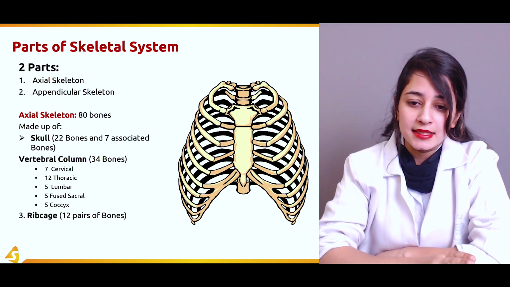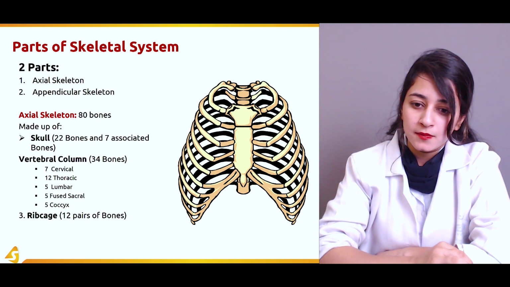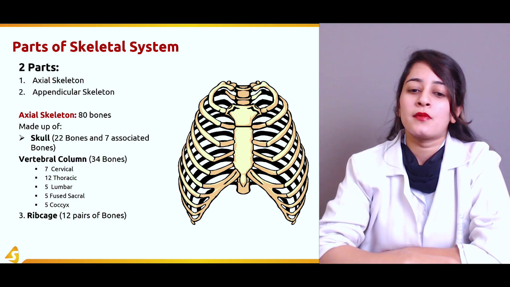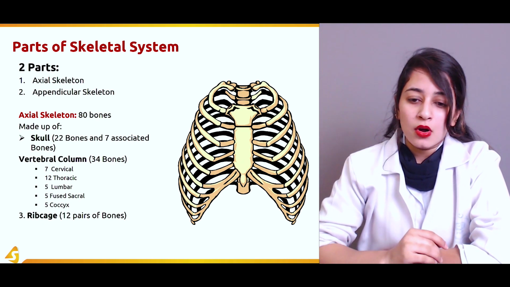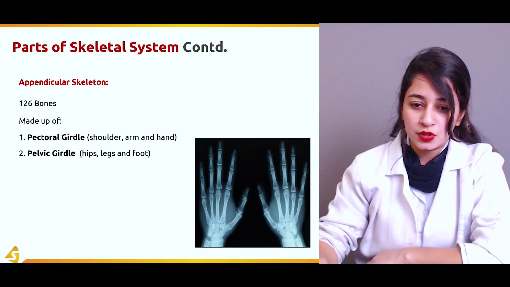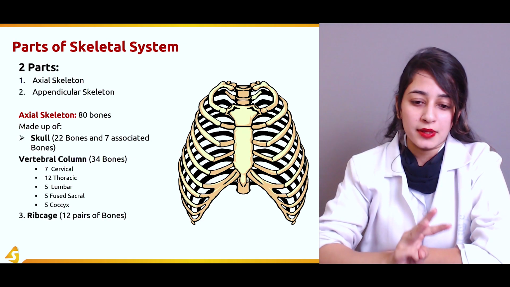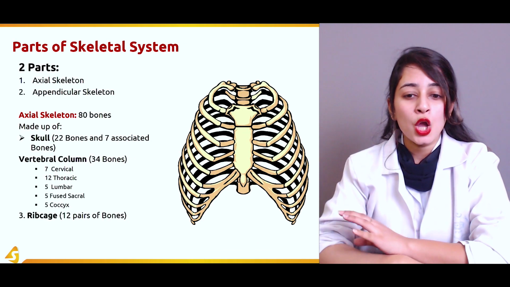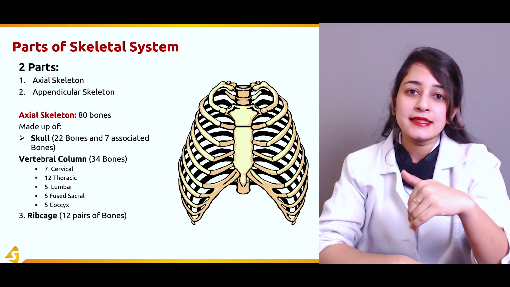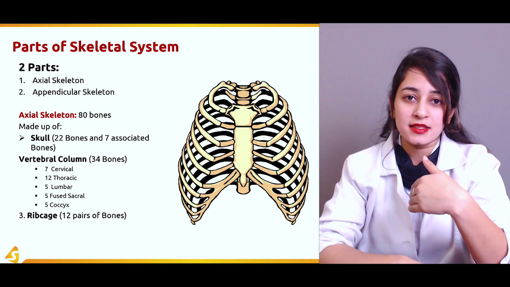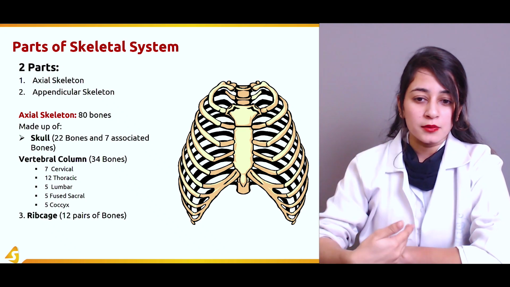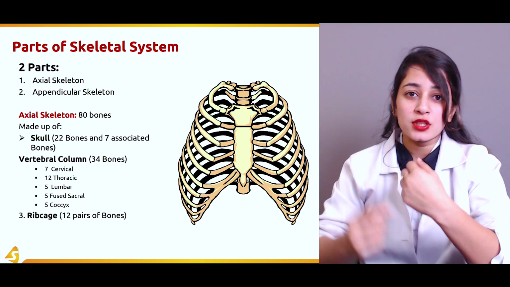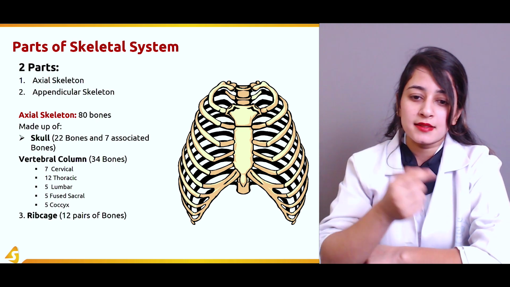The axial skeleton has 80 bones, made up of the skull, vertebral column, and rib cage. Okay, there are just three. Axial means along the axis. Just draw a straight line on the middle of your body. That forms the axial skeleton because it's around the axis.